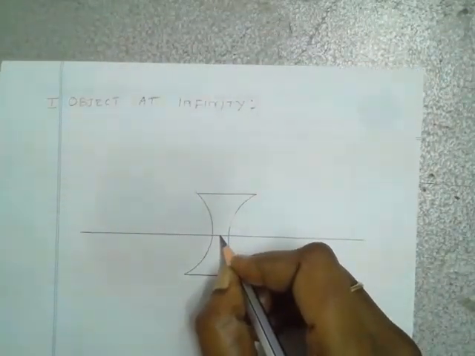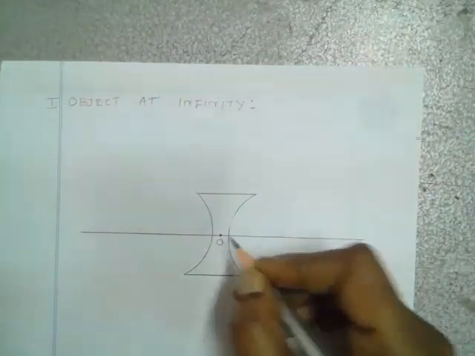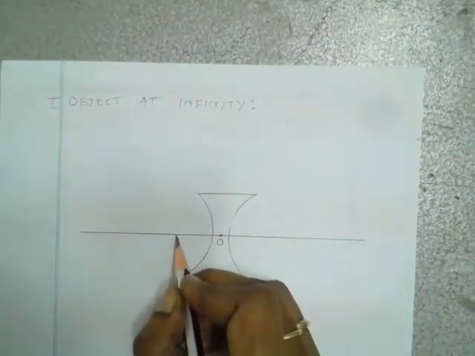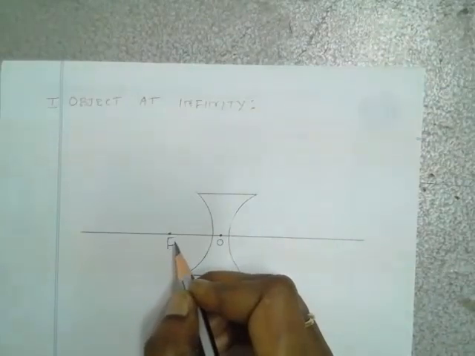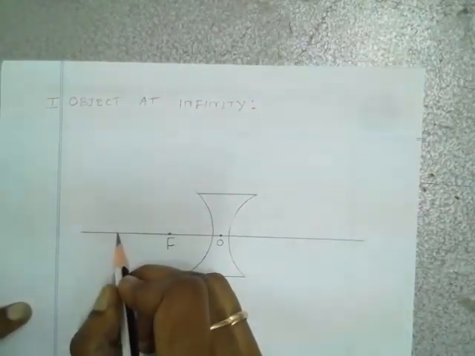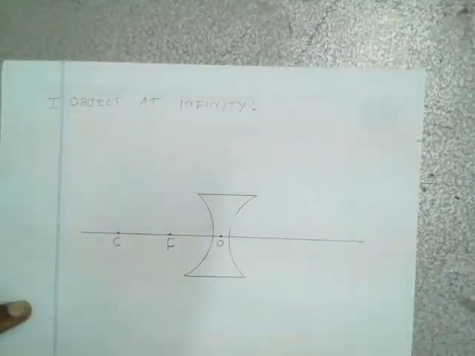Then mark the optical center O and principal focus F and also the center of curvature of the lens.